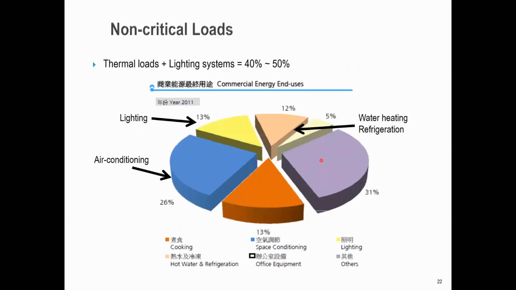Now, what are the non-critical loads? If you look at the distribution of a typical city, about 40 to 50% of the thermal load, like air conditioning and water heaters, can be considered as non-critical load. Typically, we call any electrical appliances that can tolerate a higher voltage fluctuation non-critical load.